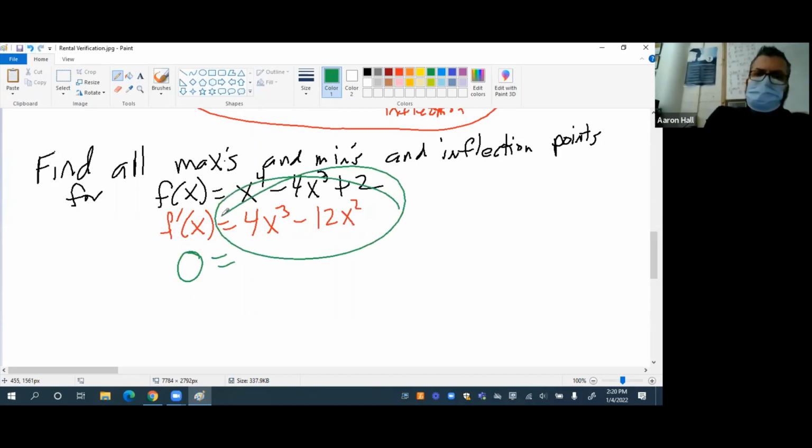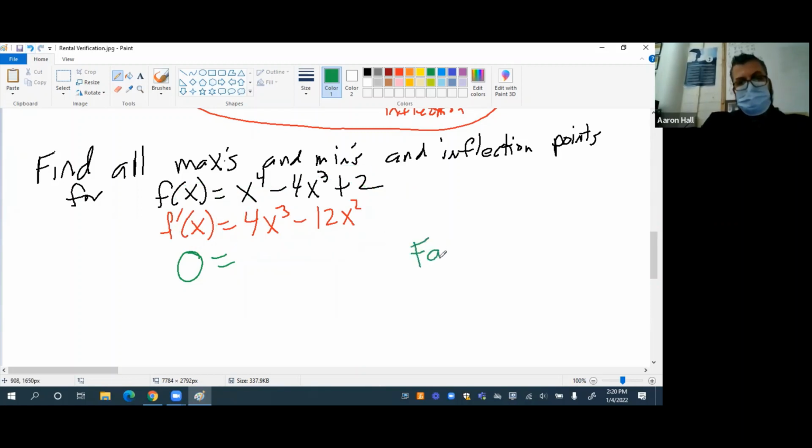And how would we solve for x if that side over here is 0? Yeah, let's factor. Can I factor anything out of both of these terms? How about a 4x squared? If I factor out a 4x squared, what's left behind?